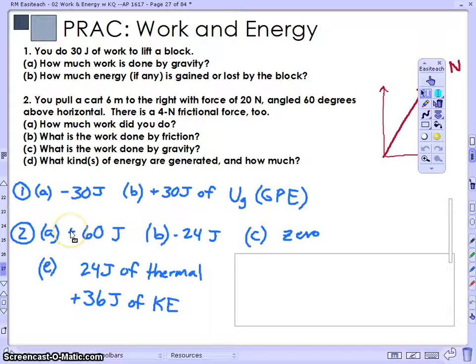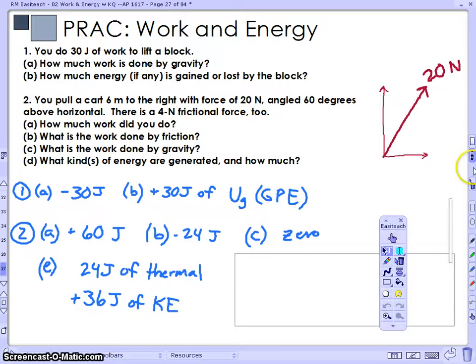Number 2, 20 newtons times 6. You may be saying, wait, that's a lot more than 60 joules. No, because you only want this parallel component. Only this parallel component, not the full 20 newtons, went into the cart. So 60 joules. The friction did negative 24 joules of work. There was no work done by gravity.